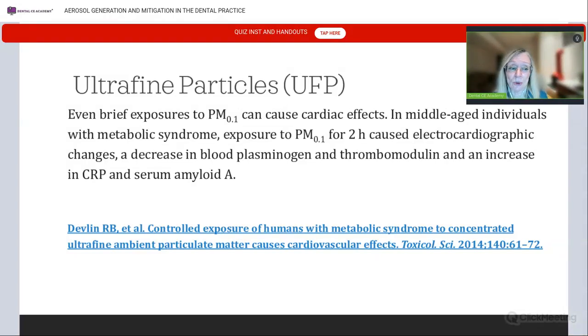In middle-aged individuals with metabolic syndrome, exposure to particulate matter 0.1 microns for 2 hours caused electrocardiographic changes, a decrease in blood plasminogen and thrombomodulin, and an increase in C-reactive protein and serum amyloid A, indicating an inflammatory process.